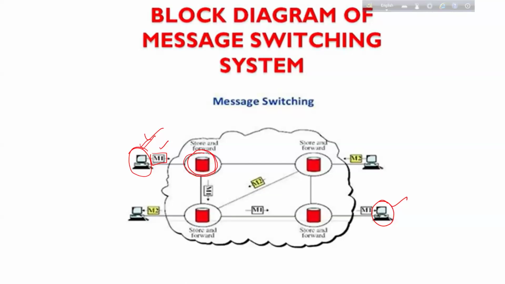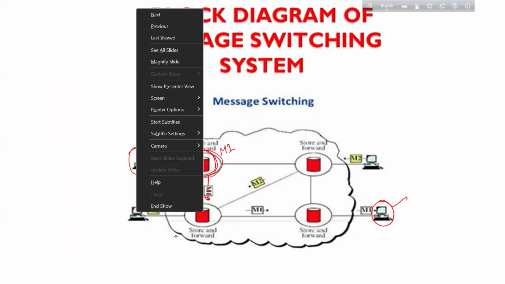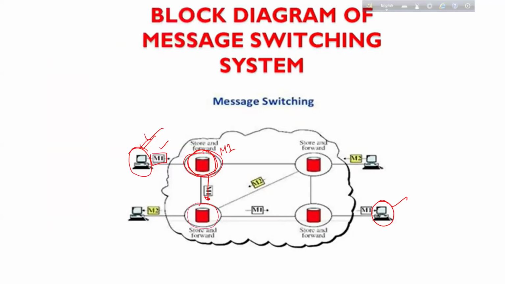This intermediary point will receive this message M1 and store it. Then it will forward the message to another router. This router will also store, and then forward the message to the next router.